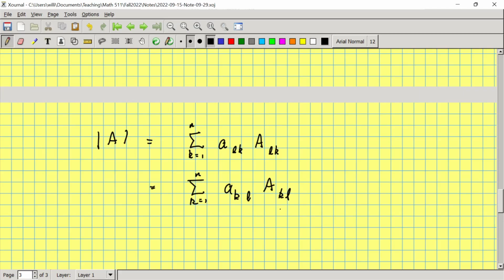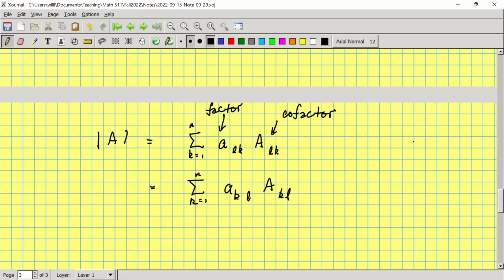So we can figure out the determinant of a 5 by 5. It's the sum of 5 factors times their cofactors, right? The factor is the element of the matrix, and this is the cofactor.